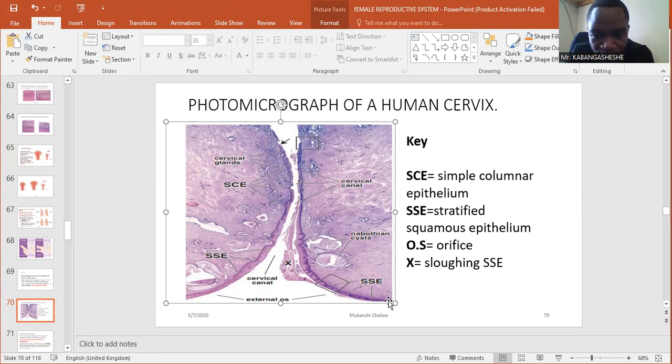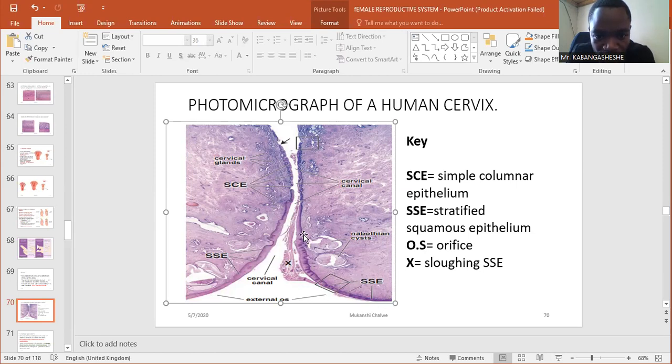But as this woman ages, the ectocervix is now covered with stratified squamous epithelium. So before puberty, all this part will have simple columnar epithelium, but in adults, we find that it has stratified squamous epithelium. So the junction before puberty is somewhere here.